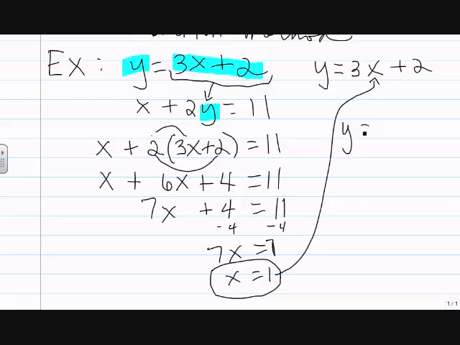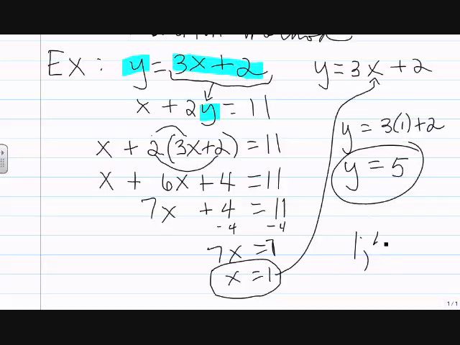So y is equal to 3 times 1 plus 2, which means y is equal to 5. So my answer is x equals 1, y equals 5, or I can write that as what's called an ordered pair, 1, 5.